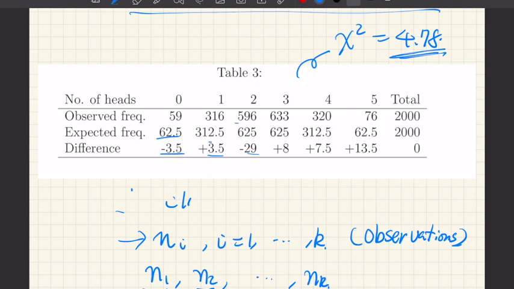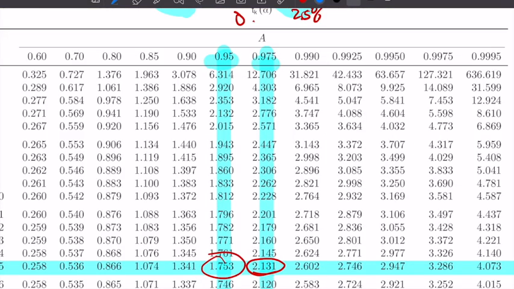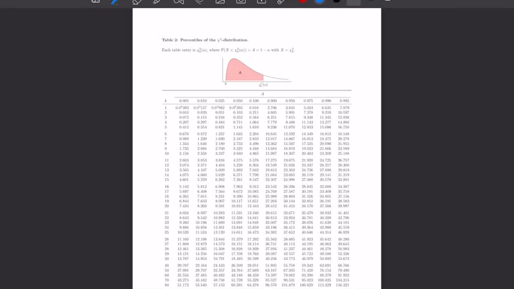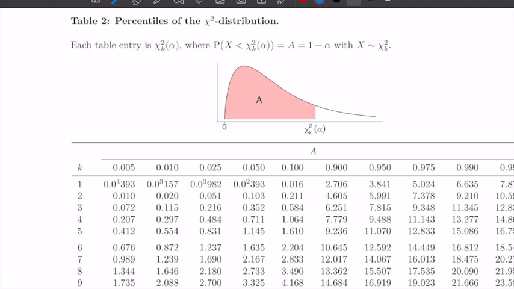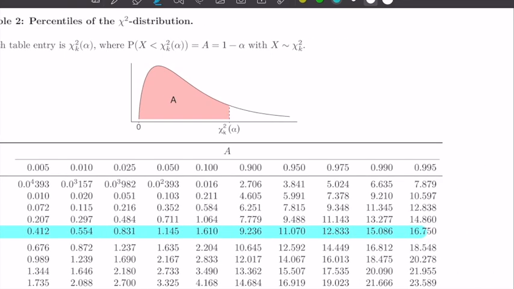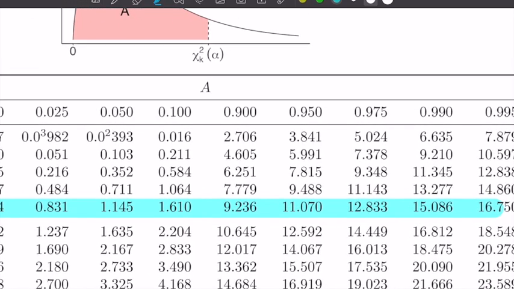Is this significantly large? To check that, you look at the table of the chi-square distribution. In our case, we have 5 degrees of freedom, so we look at this column, and if we are interested in the 5% significance level, we look at this number.